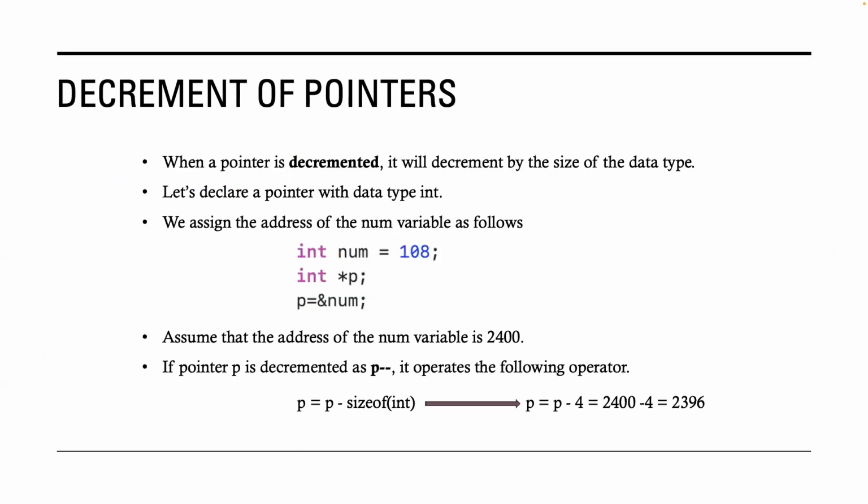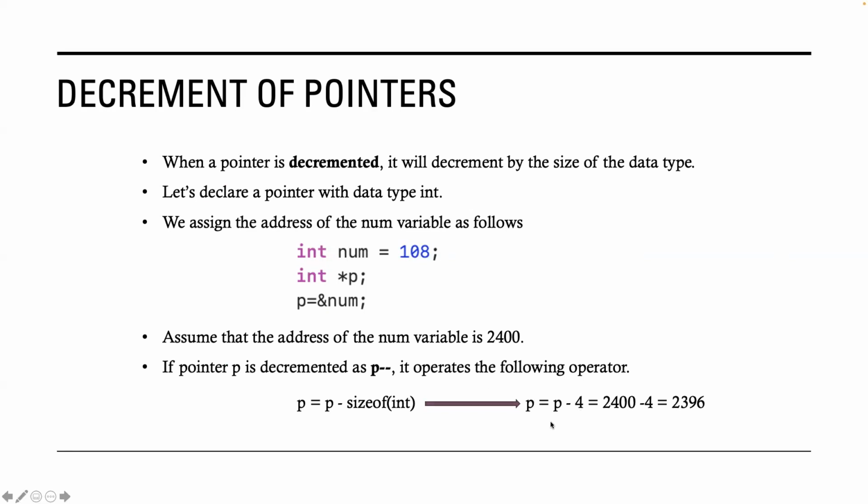And also we can operate the decrement operator on pointers. So again we have this pointer p, and again I'm assuming that the variable num has the address 2400, and I operate the decrement operator on p using this p-- statement.